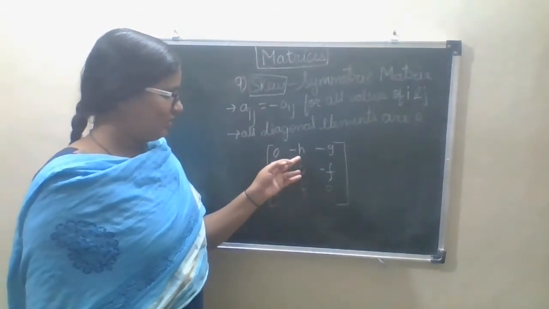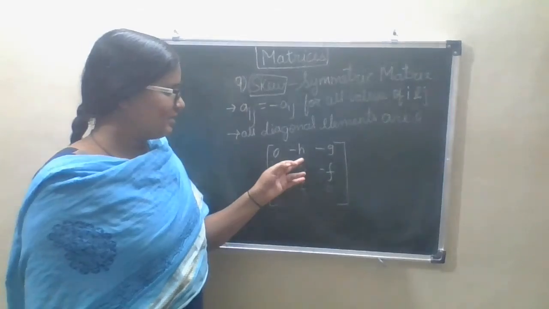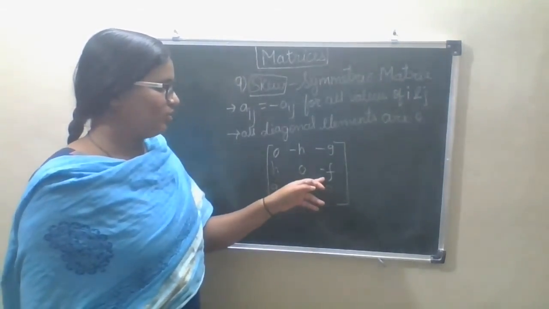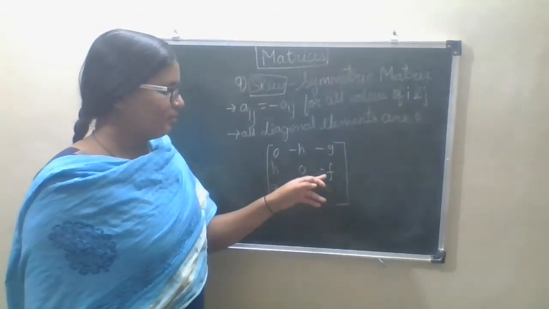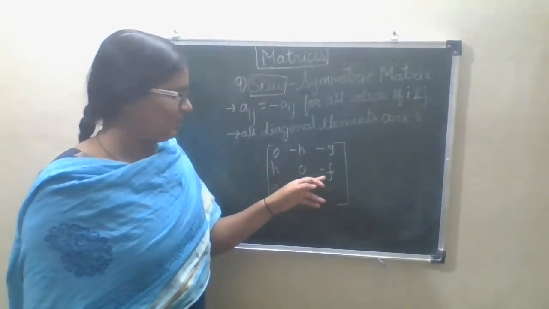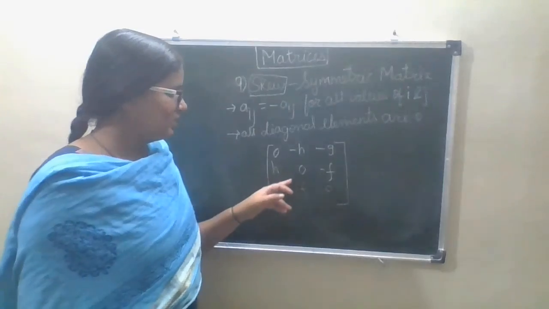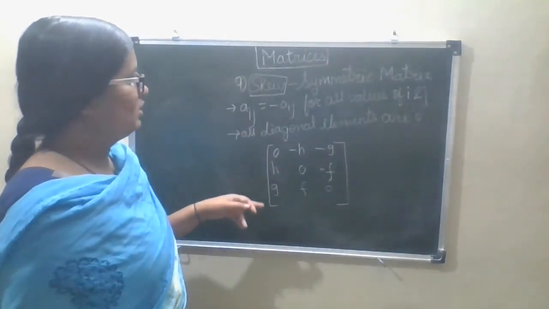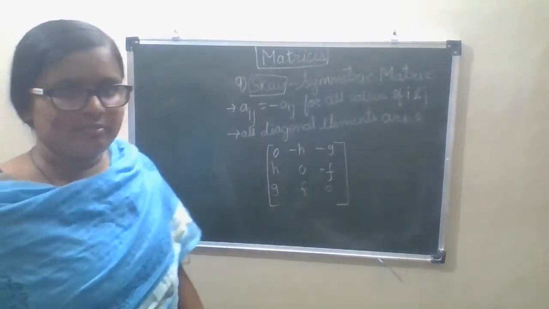So here it is minus h, here h, here f, no, minus f, here g, here minus g. This is the skew symmetric matrix.